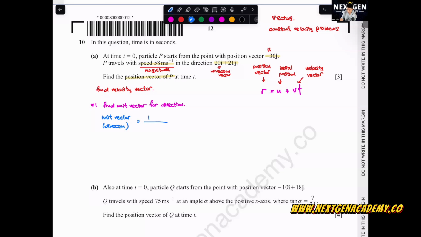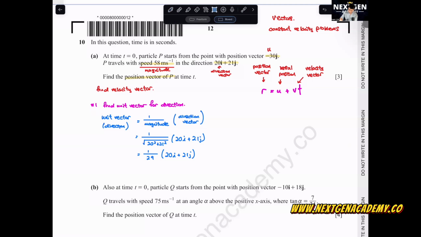Let me write down the full formula first: 1 over magnitude, then multiply by direction vector. I want you to always write it in this form so it's easier to see. The magnitude is 1 over square root of 20 squared plus 21 squared, the direction vector is 20i plus 21j. This simplifies to 1 over 29 times (20i plus 21j). Everyone understand this first part? We find the unit vector for direction.